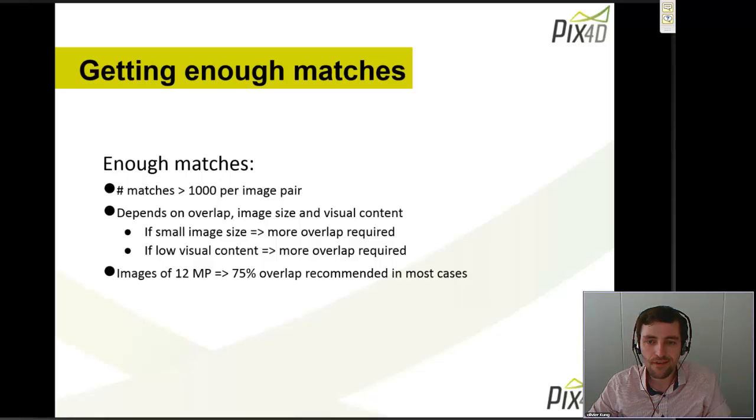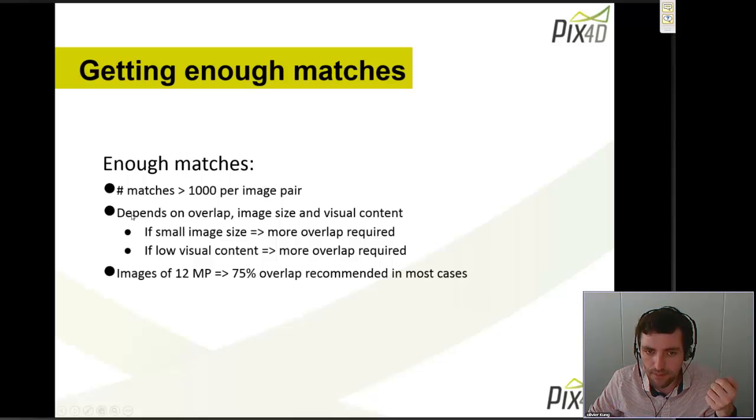And to relate a bit to the title of this webinar, which is Optimal Flight Plan, an optimal flight plan is really about getting enough matches. And by getting enough matches, your project will be of high accuracy. So there are several factors which impact what I just said before. Enough matches in our language means usually you need over 1,000 matches per image pair.